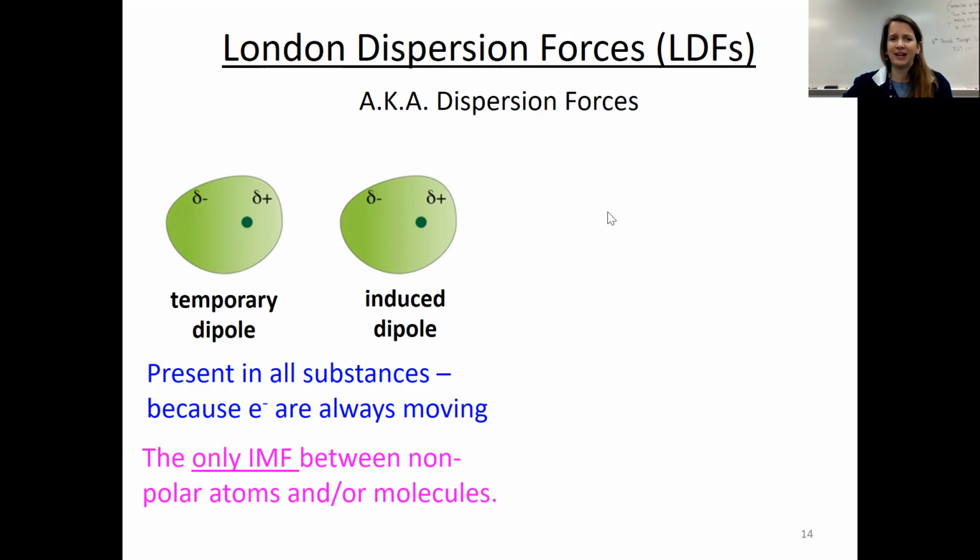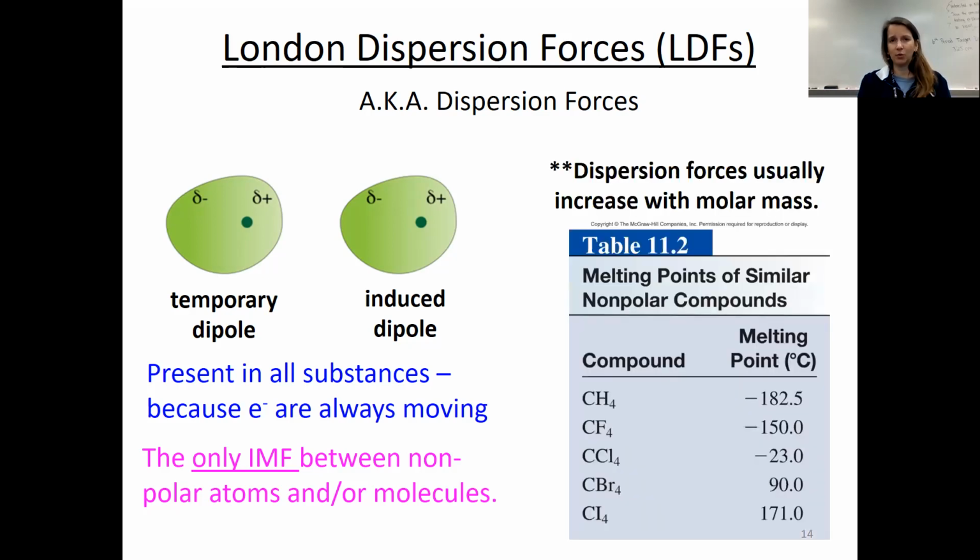Now, because everything has electrons and everything has electrons that are always moving, every type of substance would experience London dispersion forces. However, these are the only forces that you would see in nonpolar molecules, because nonpolar molecules don't have permanent dipoles because the electrons are shared equally.